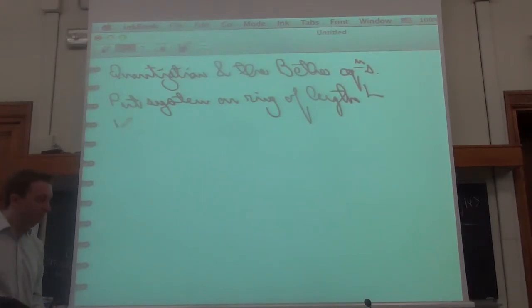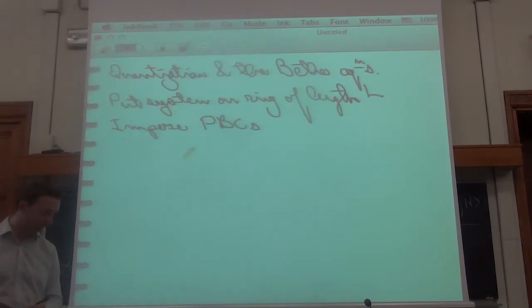And we will impose periodic boundary conditions. These periodic boundary conditions, so again, let's just do the n equal to 2 case first, because that's the illustration for everything.